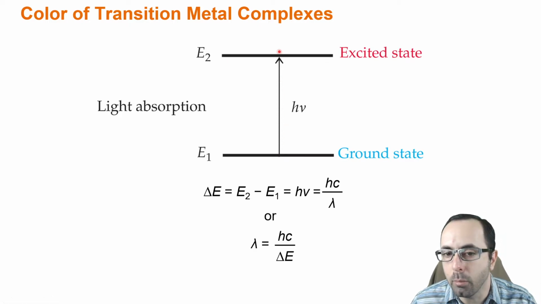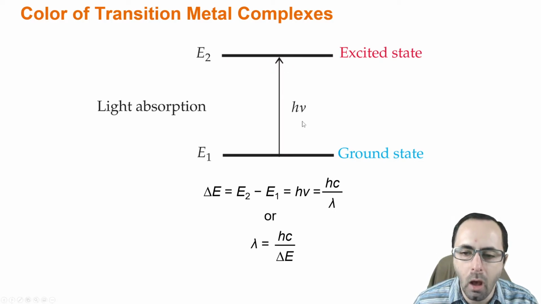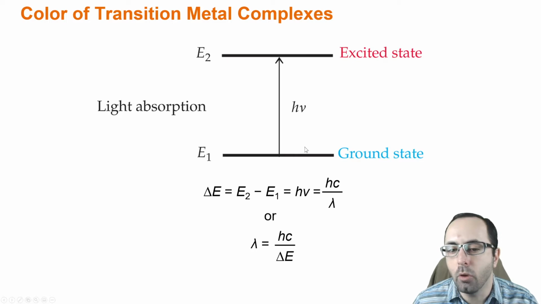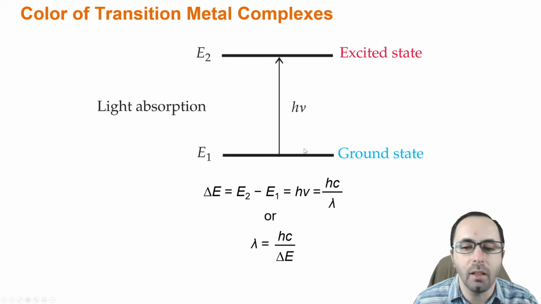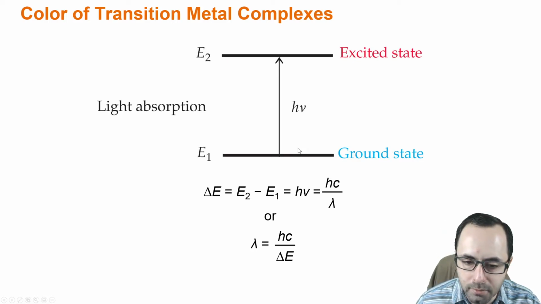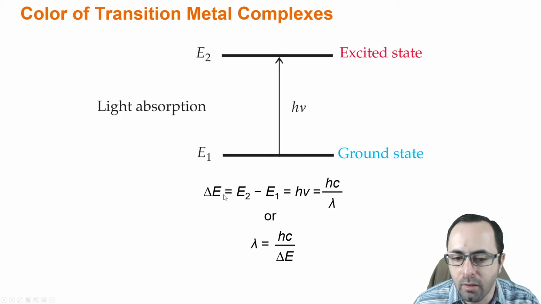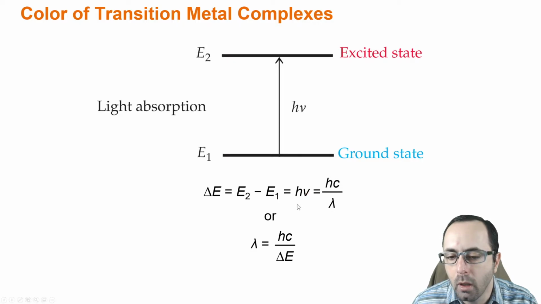The electron will absorb that light and move up into an excited state. And so the light that is absorbed is not the light that you see, it's actually the light that isn't absorbed here. The energy difference between these two levels will be h nu.